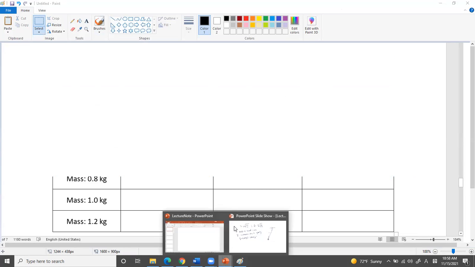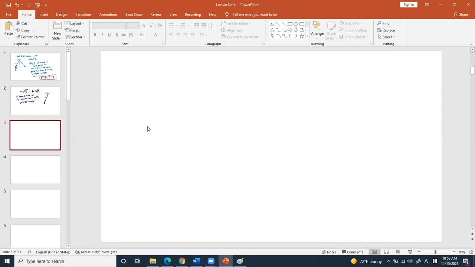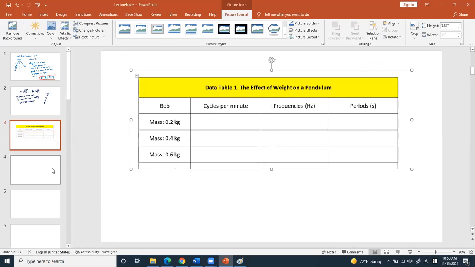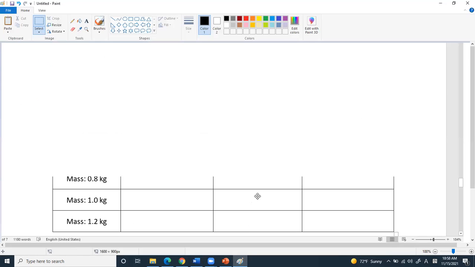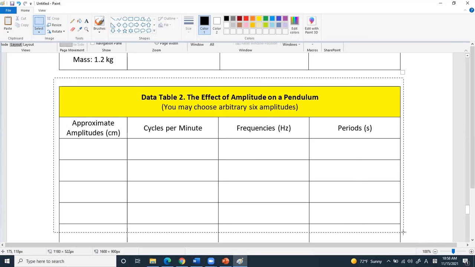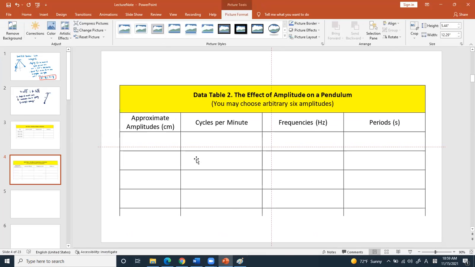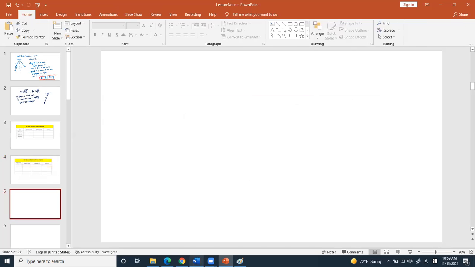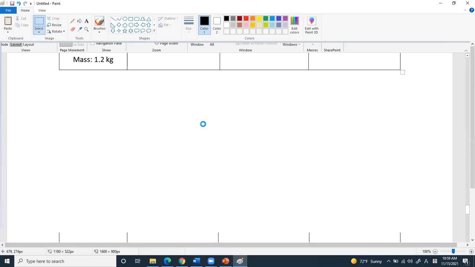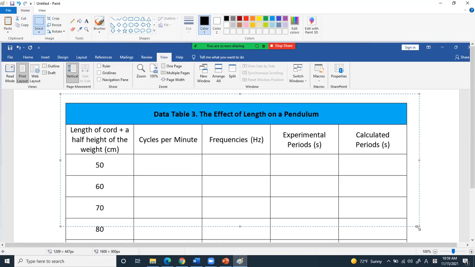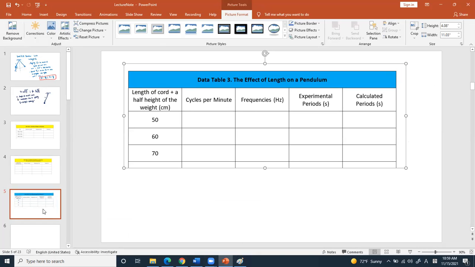So I have to copy this one, and table 2, table 3, table 4.